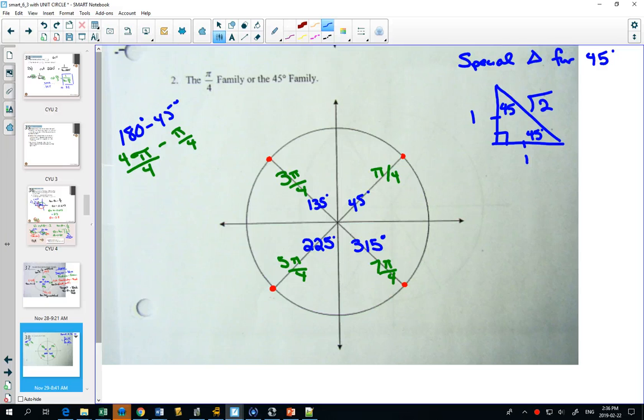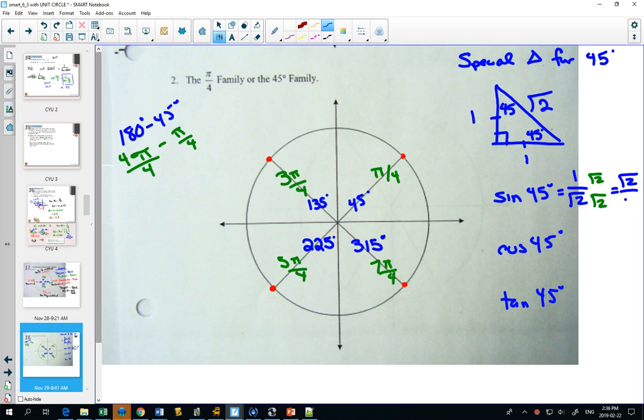And by drawing that triangle, you can now say that you know what sine of 45 degrees is, what cos of 45 degrees is, and what tan of 45 degrees is. Because sine is opposite over hypotenuse, and we are going to rationalize the denominator here and write this as root 2 over 2.